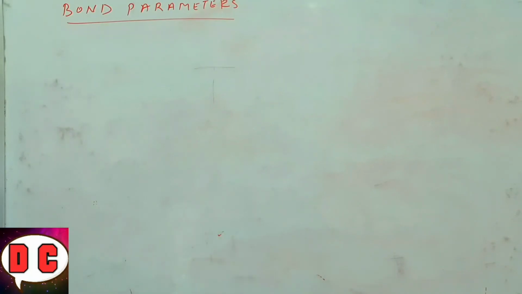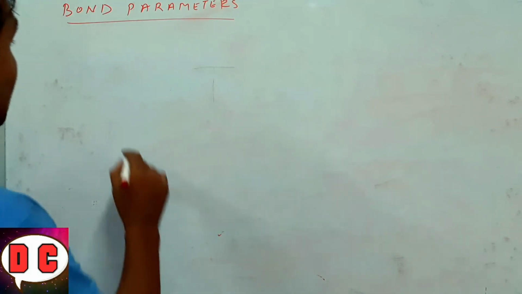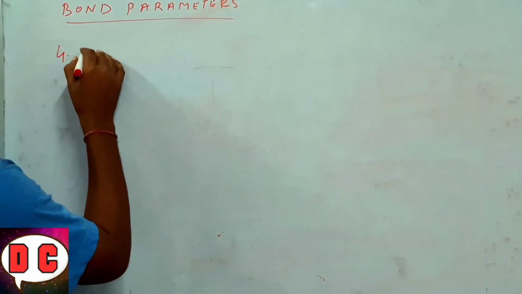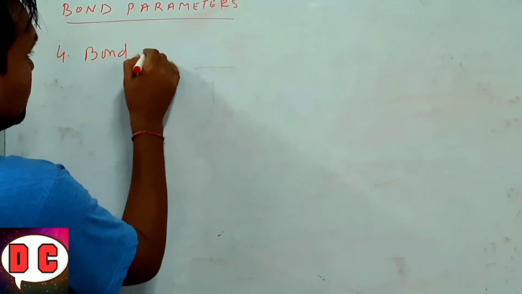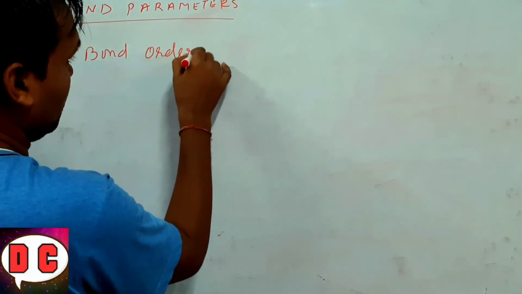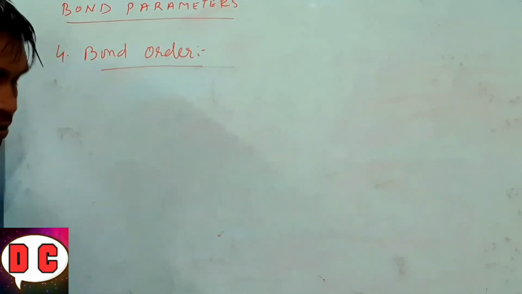Okay, so the last parameter we are going to discuss now, the fourth one, is bond order. So what is bond order?